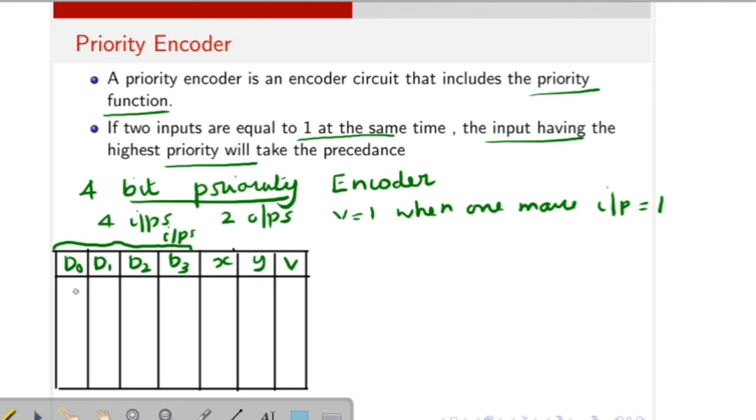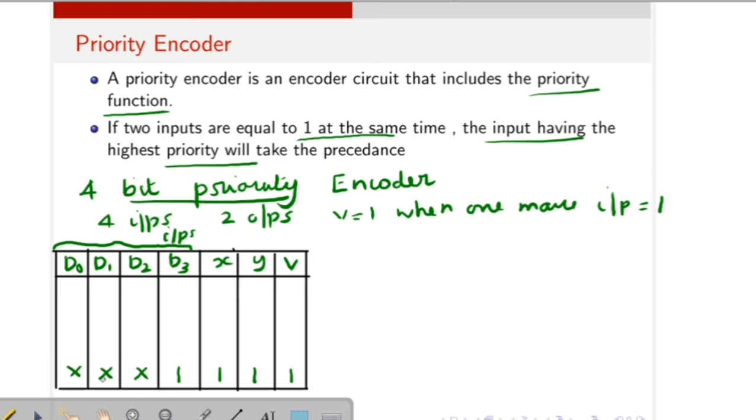Here the first priority goes to D3, then D2, D1, D0. So when D3 is equal to 1, then whatever the other inputs are, it generates 1, 1. Here the valid output is equal to 1.